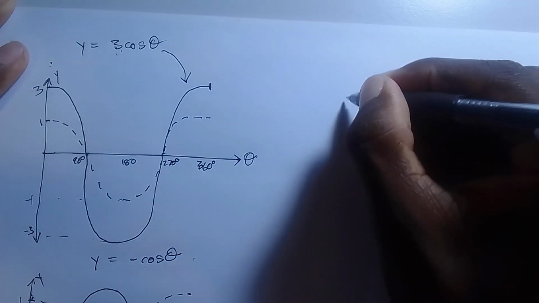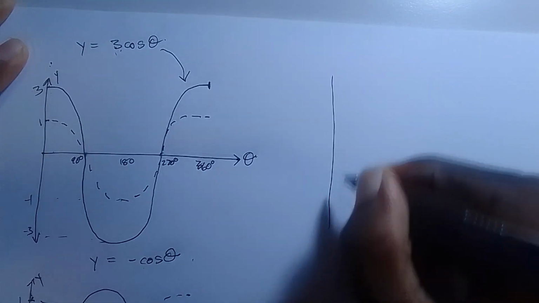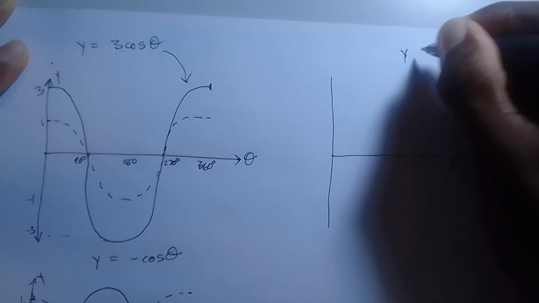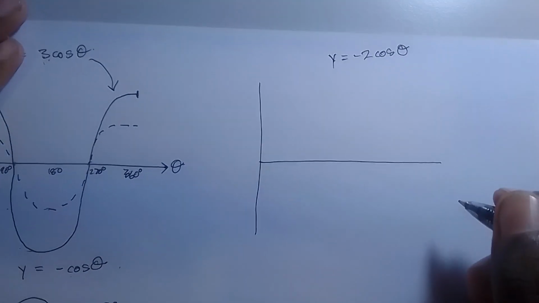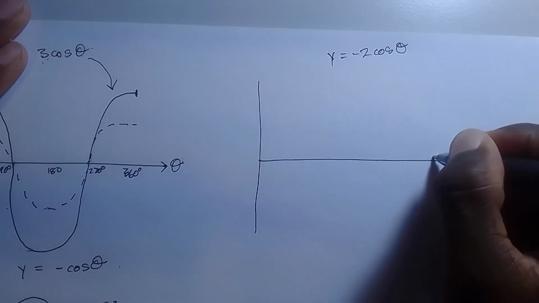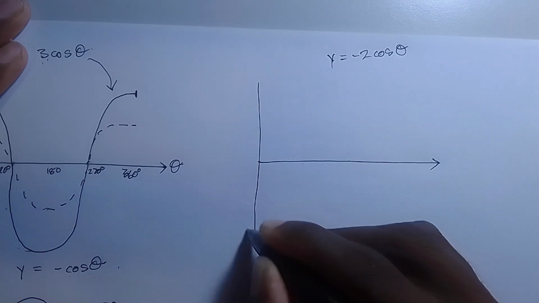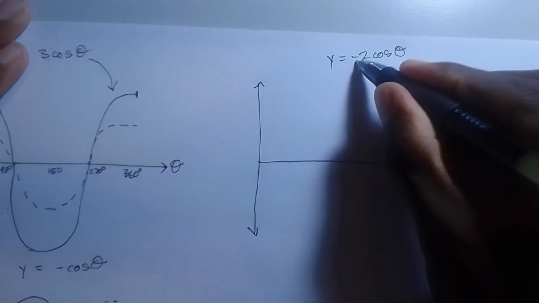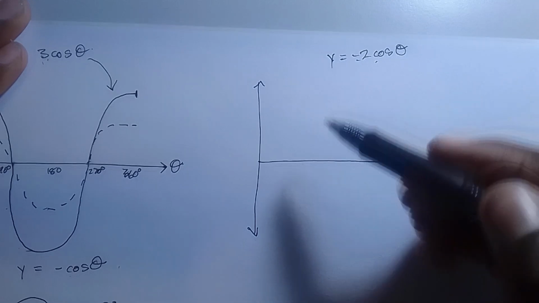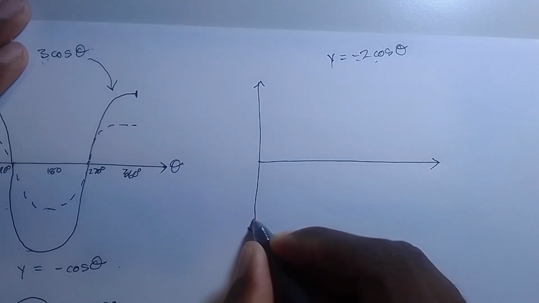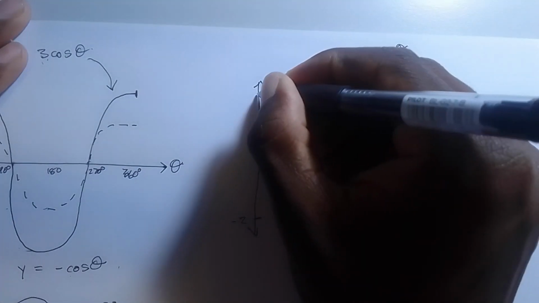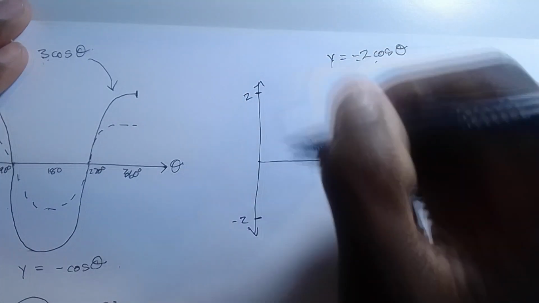Now let's sketch the graph of y is equal to -2 cos theta. For this graph, let's try being faster now. For this graph, it's going to start at the bottom, but the amplitude is 2, so it's going to start at -2 and end at 2 there.